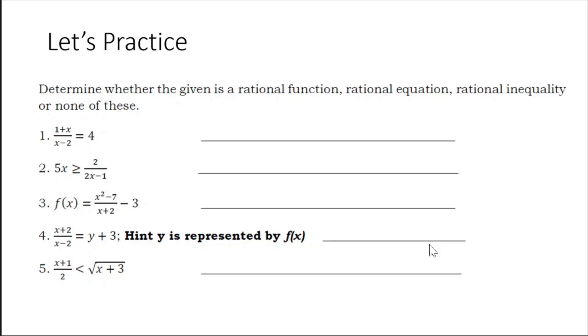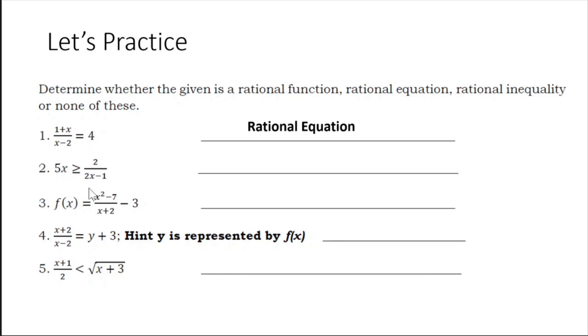For item number 1: 1 plus x is equal to x minus 2 equals 4. This is an example of a rational equation, since both sides are rational expressions, or this is an equation that involves rational expressions. Next, 5x is greater than or equal to 2 over 2x minus 1.